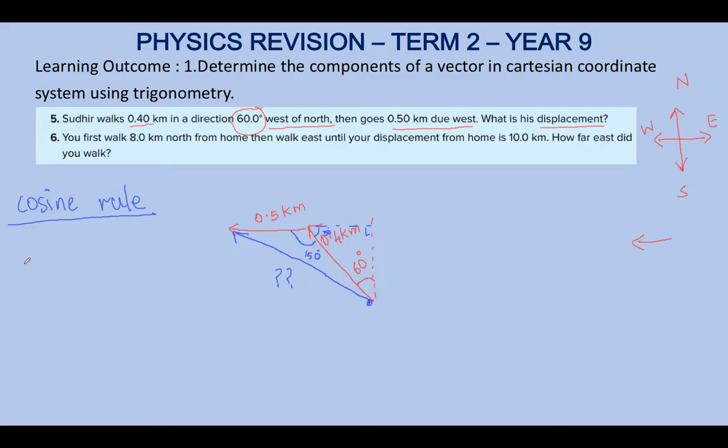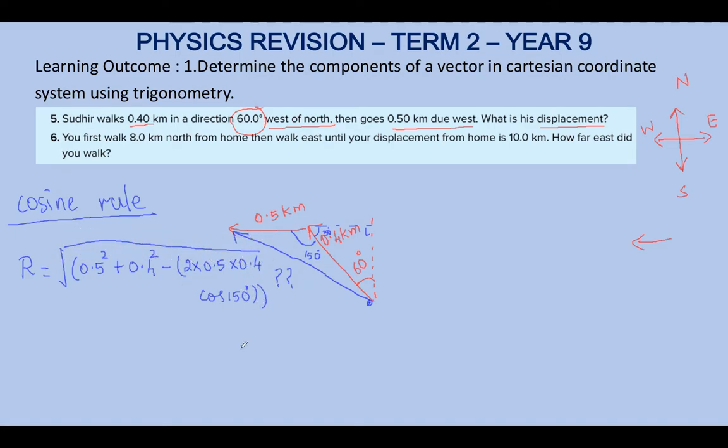So to find the resultant displacement magnitude, you use the cosine rule: a squared plus b squared, which is 0.5 squared plus 0.4 squared, minus 2 times 0.5 times 0.4 times cos 150 degrees. So that's a whole square root.